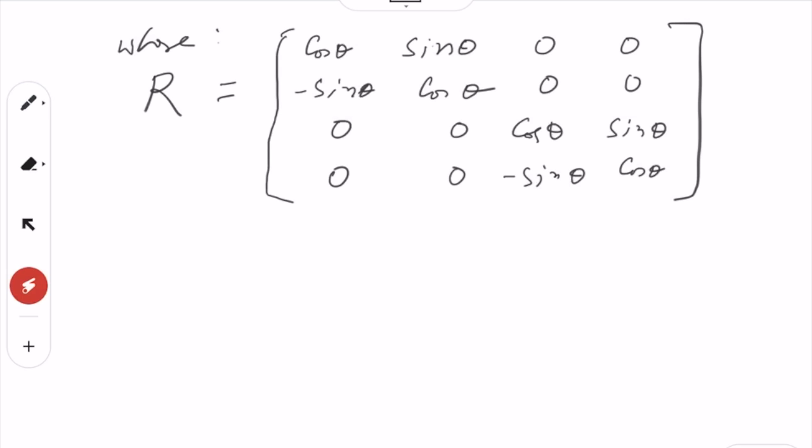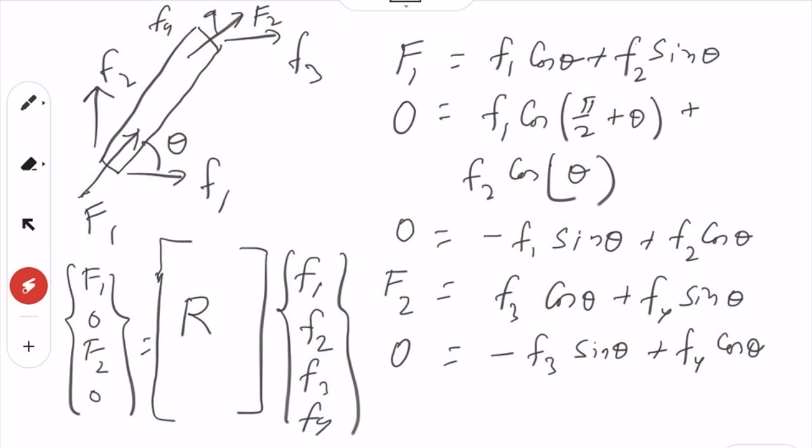Okay, so this is what R is, where this relationship exists: F1 0, F2 0 equals this transformation matrix R multiplied by this one. So we are relating the axial force to the forces along the degrees of freedom, so a 1D system to a 2D system. Forces F1 and F2 correspond to the 1D forces, and the small f corresponds to the 2D forces.